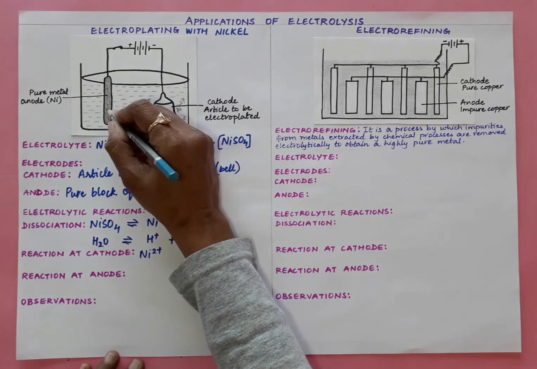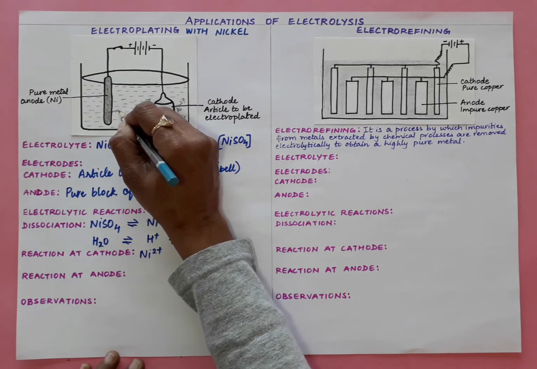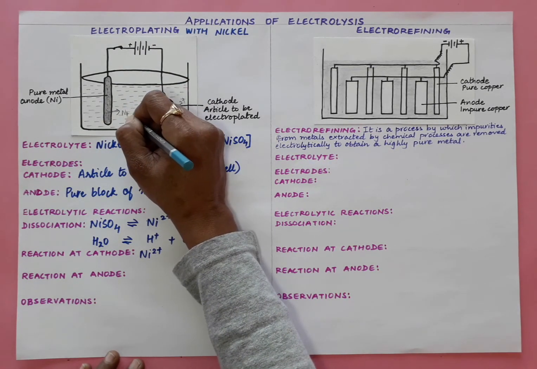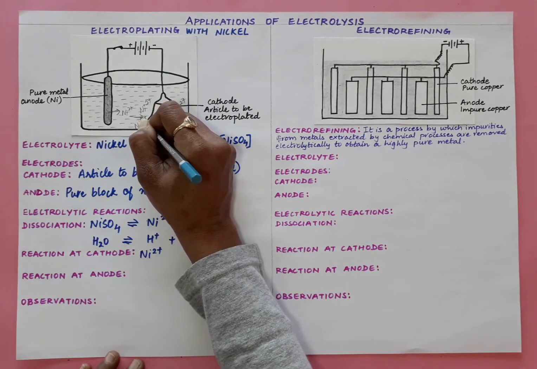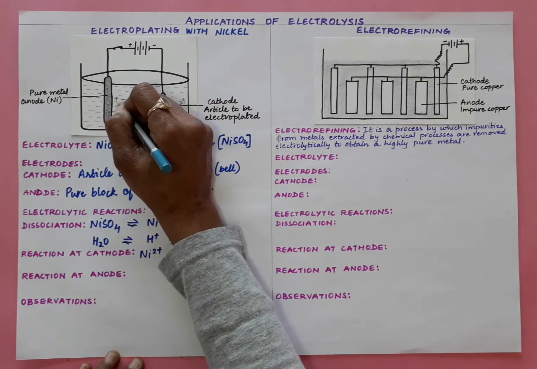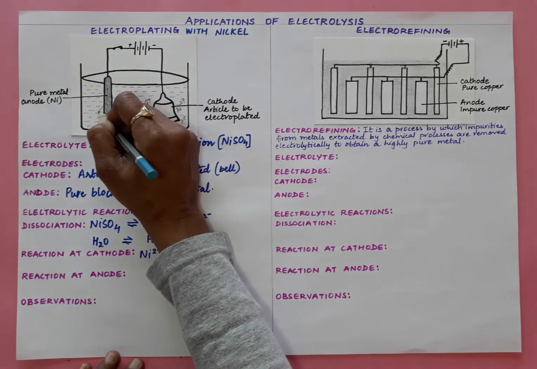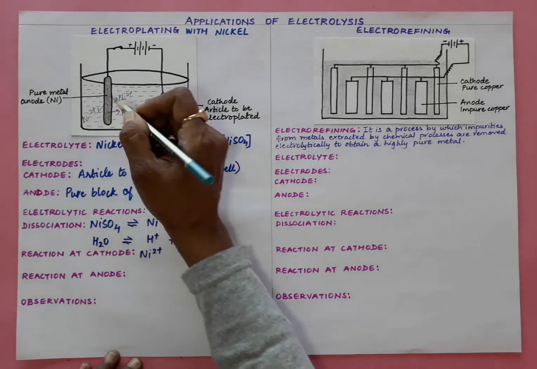Each atom will lose 2 electrons and convert into nickel ions, and these nickel ions will move towards the cathode.